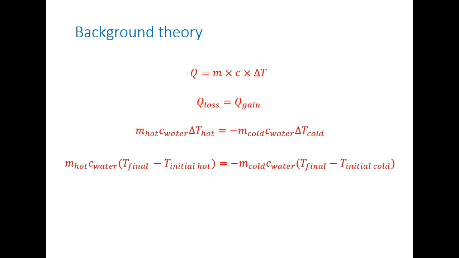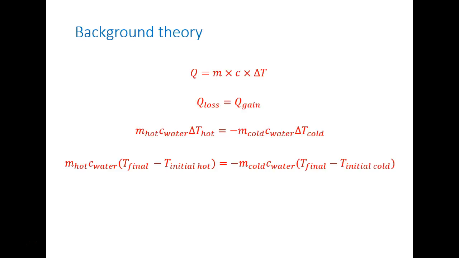You're probably going to ask, why do we just have one final temperature? That's because, remember, both the hot water and the cold water will come to the same temperature. So we just use one final temperature for both of them.